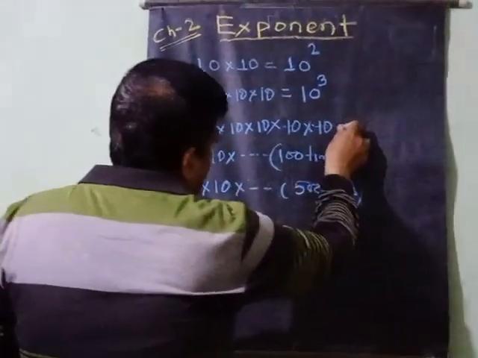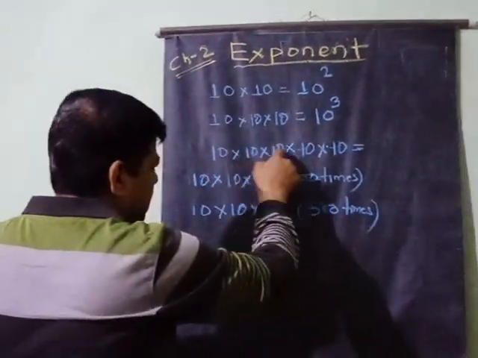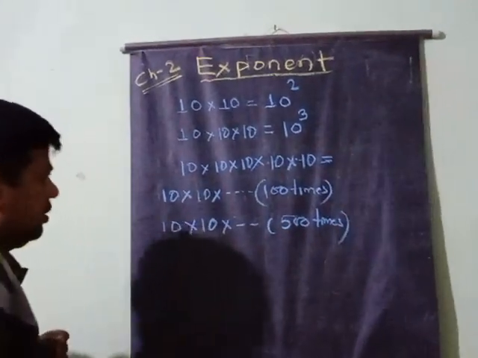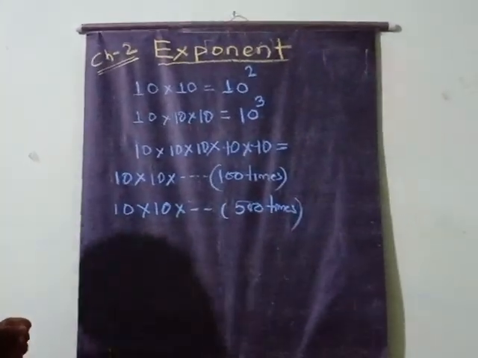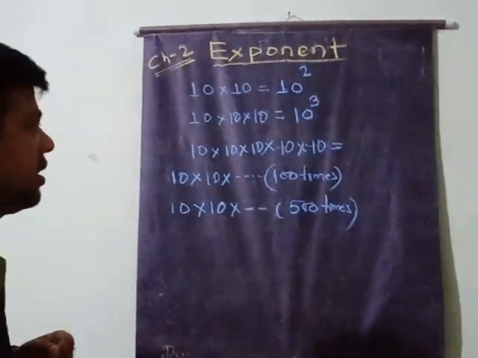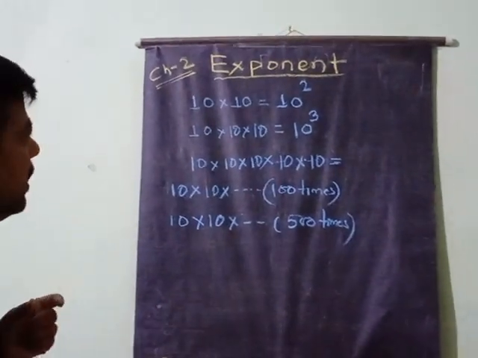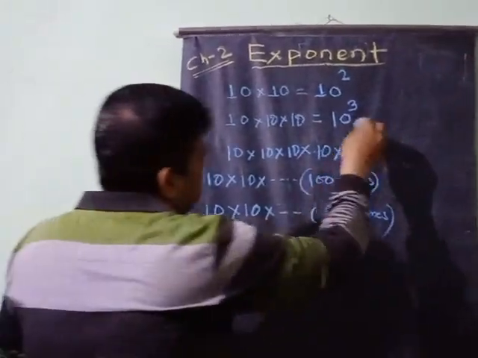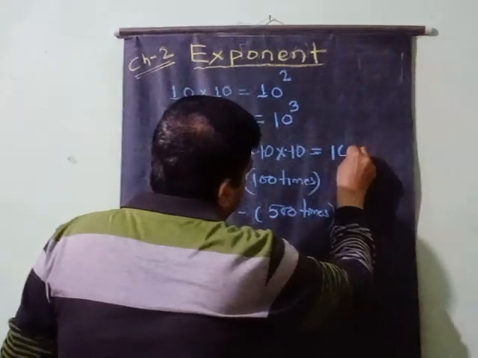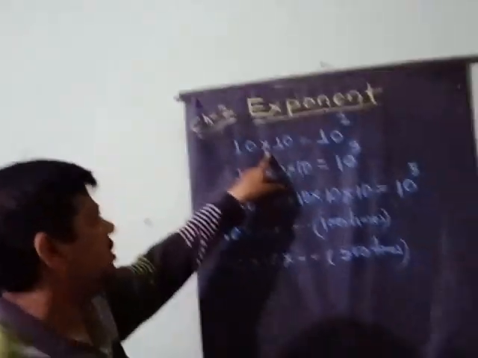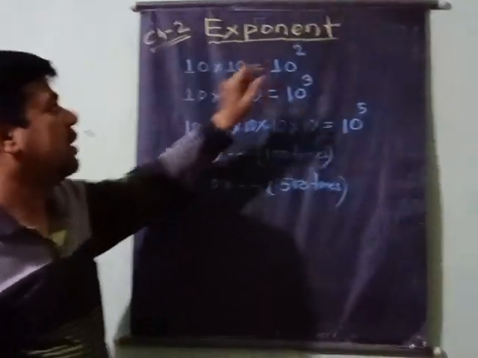In these cases, instead of writing in the form of expansion, we can write in a symbolic notation. We can write 10 to the power 5. You see, 10 into 10 is equal to 10 square.